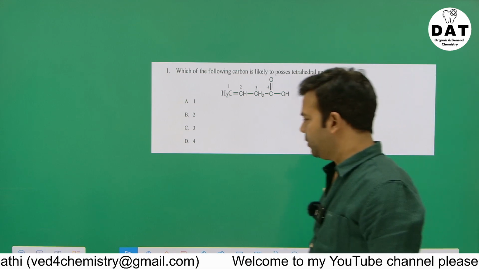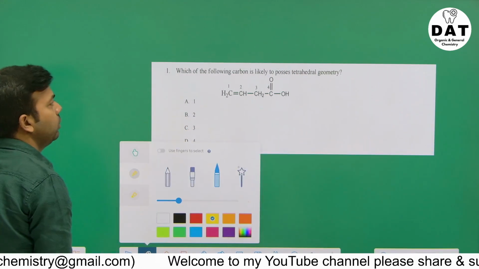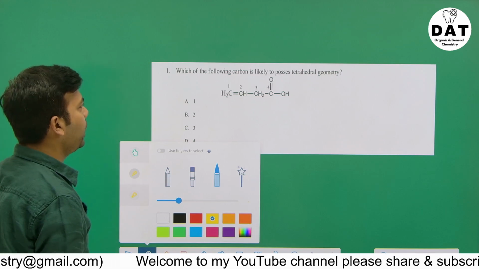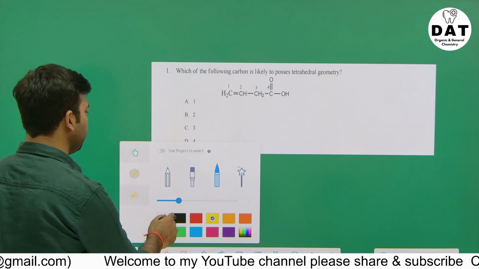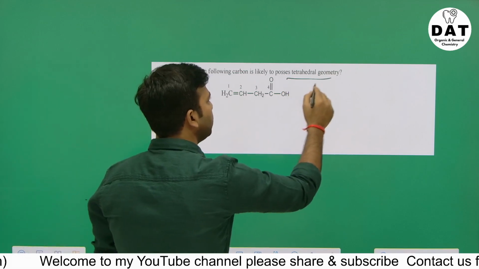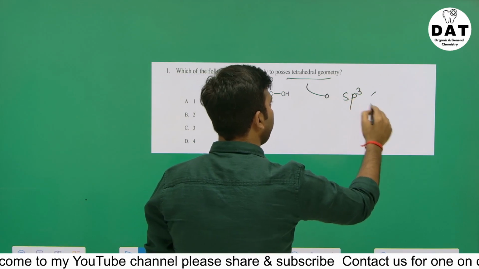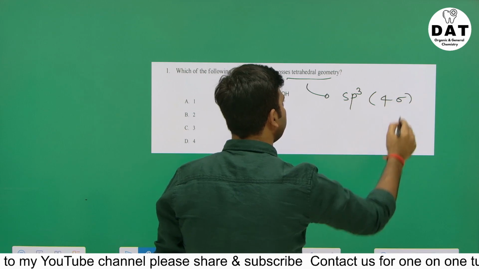So look at the very first question. It is talking about which of the following carbons is likely to possess tetrahedral geometry. So we all know tetrahedral means sp3, and sp3 must have 4 sigma bonds.